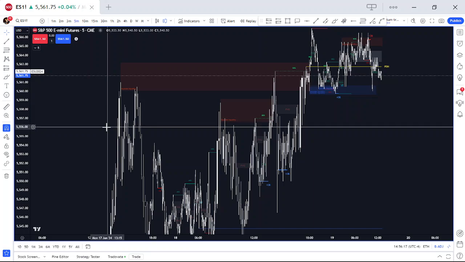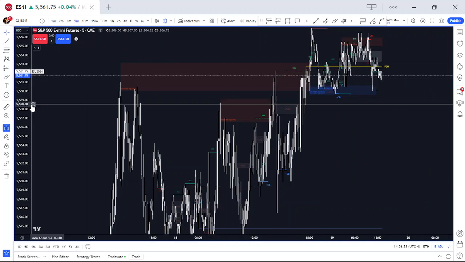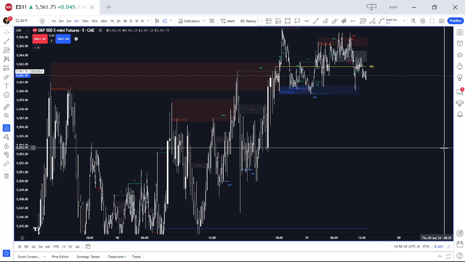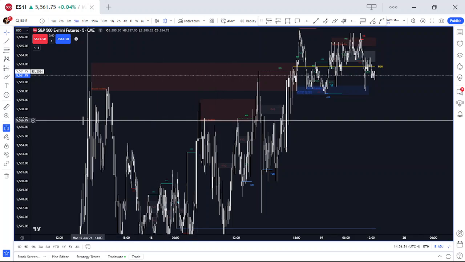I'm on my replacement computer because my last laptop crapped out on me, so it's a little hard to see in the sunshine. So this indicator pretty much gives you everything that you're going to need.